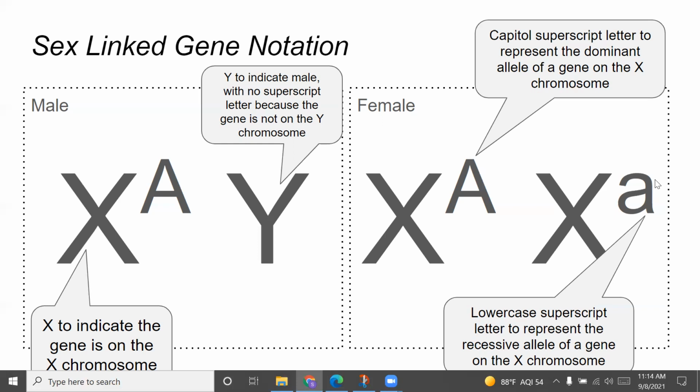So that was interesting to him. That led him to make a further hypothesis, and through further testing, he was able to determine that the gene for eye color was on the X chromosome.